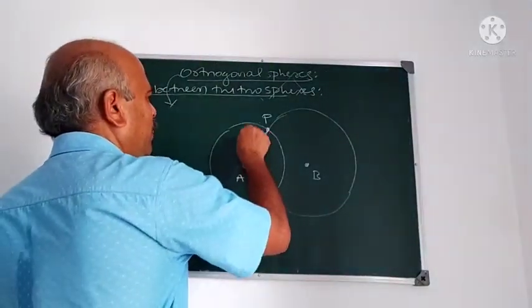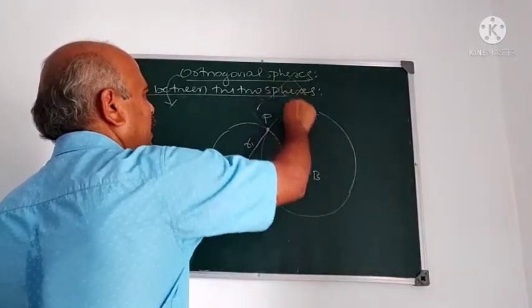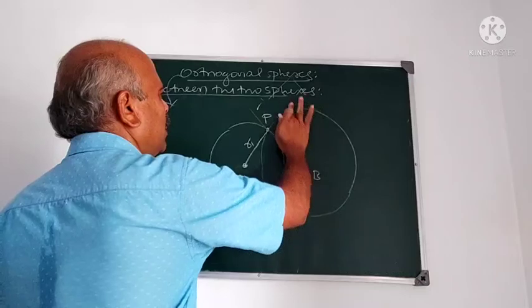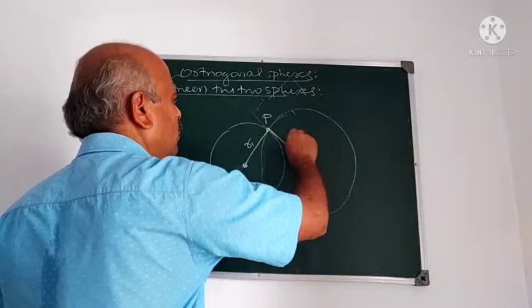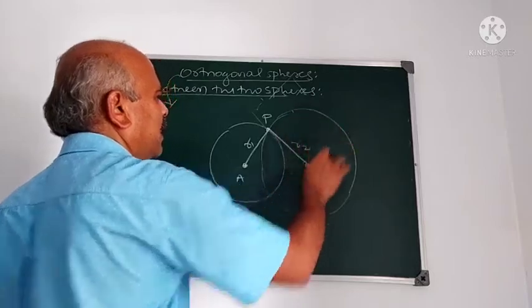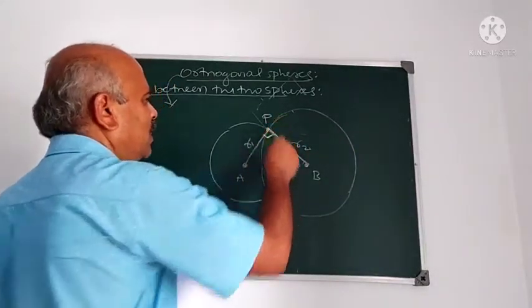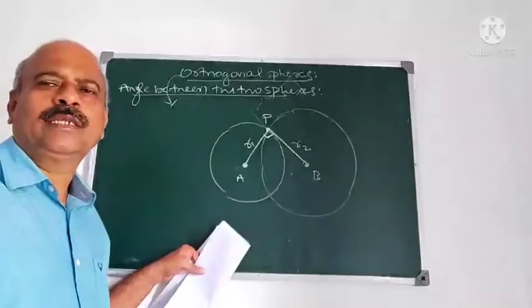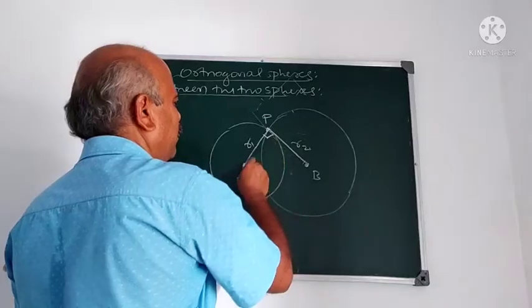Therefore, AP, R1, is perpendicular to the tangent plane here. Similarly, this radius R2 of the second sphere is also perpendicular to the tangent plane at this common point of intersection. Therefore, this is a right angle.